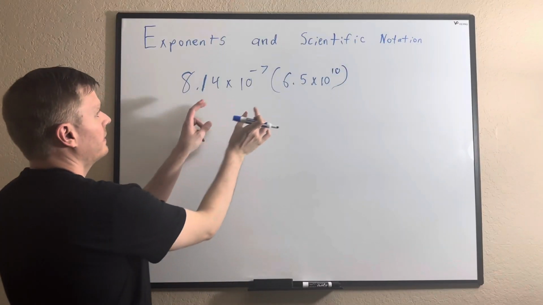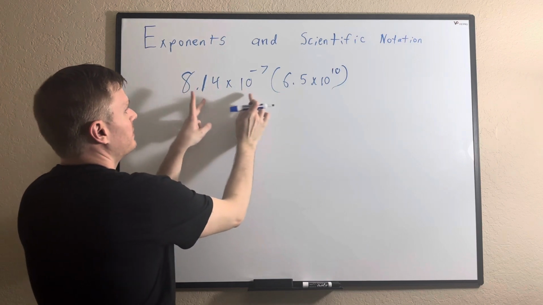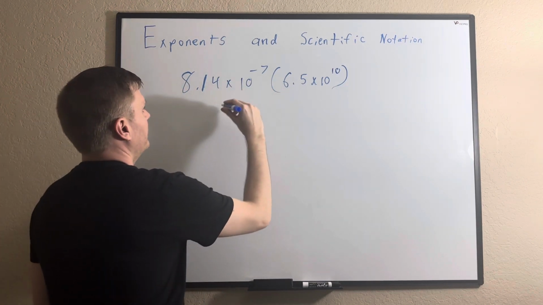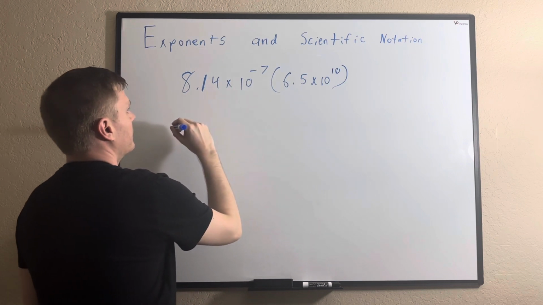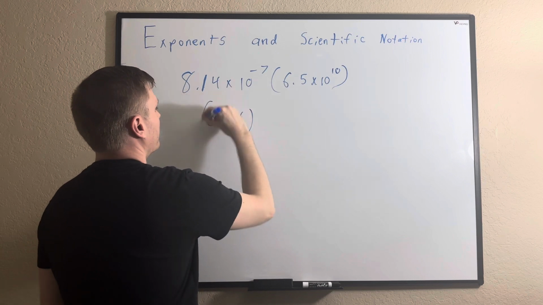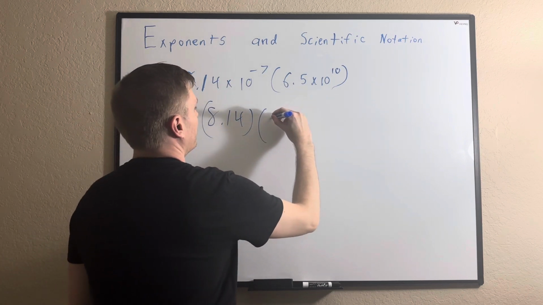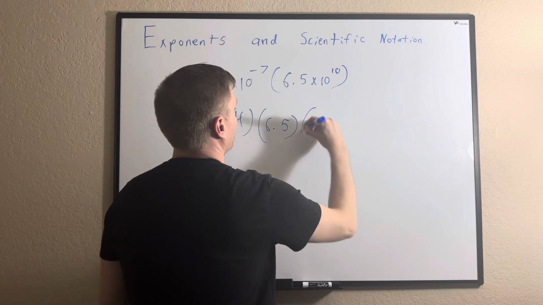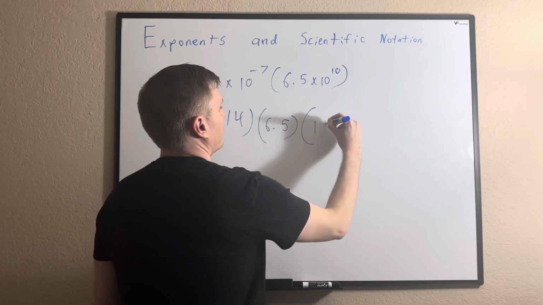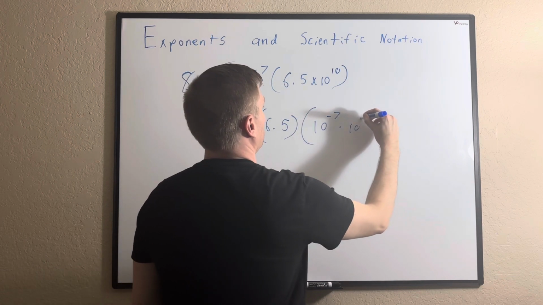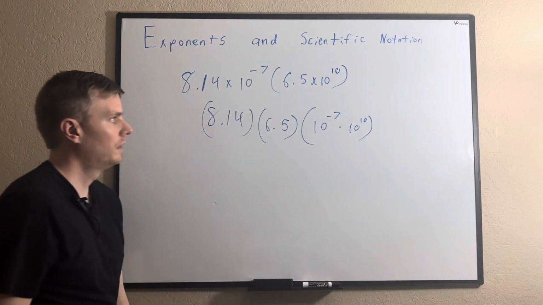We're actually saying that because this is multiplication and this is multiplication, we can separate these out. 8.14 times 6.5, and multiply 10 to the negative 7 times 10 to the 10th.